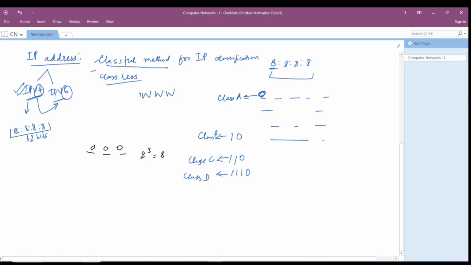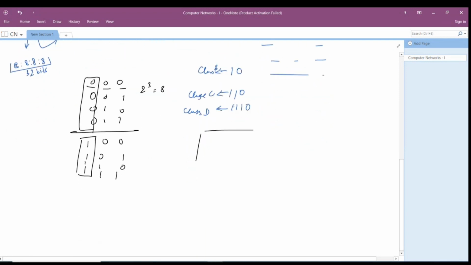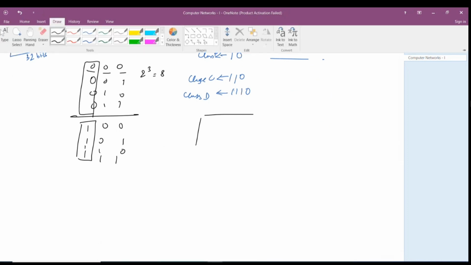So it is 000, 001, 010, 011, and similarly we can have the ones: 100, 101, 110, 111. If you take the first bit, this can be directly divided into two parts. Similarly, what we did here is, how many bits did we have? We had 32 bits.